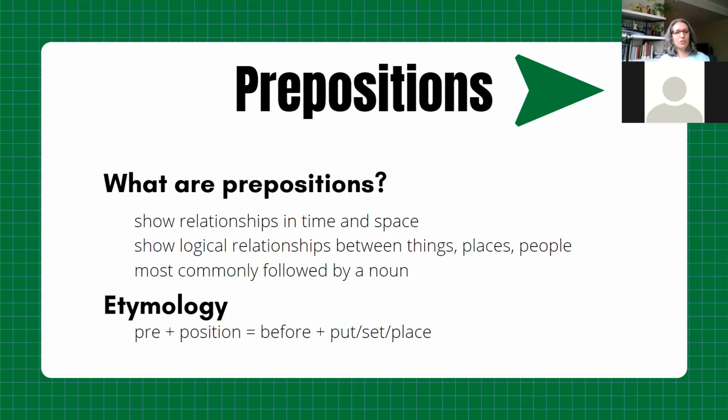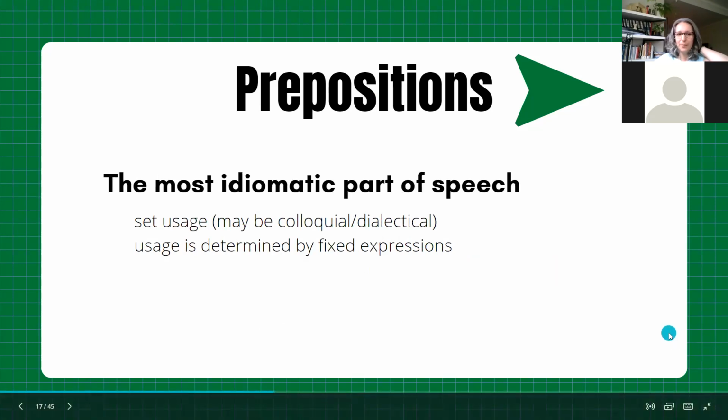The etymology of this word is as follows: pre, meaning before, and position, which is to put, to set, or to place something. So together they mean to place before, which in our sentence structure context, is placed before a noun or a pronoun or a noun phrase, but we'll see that in a second.